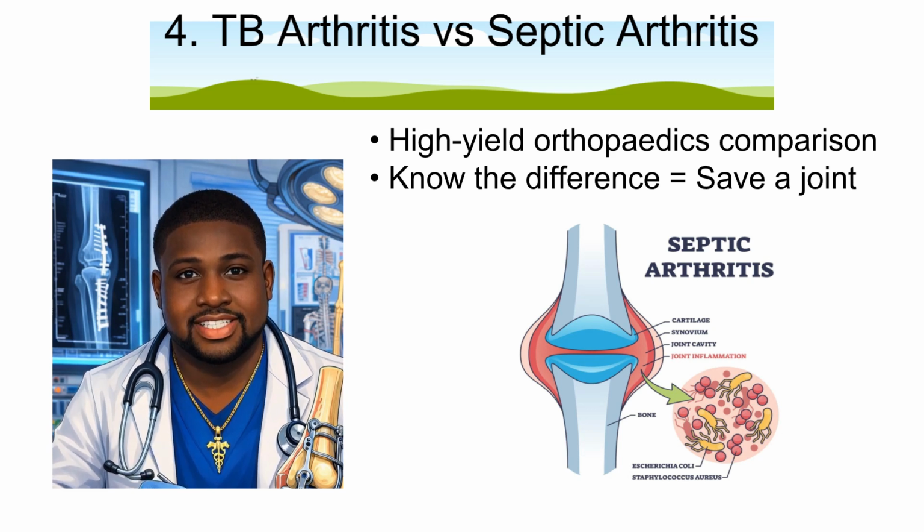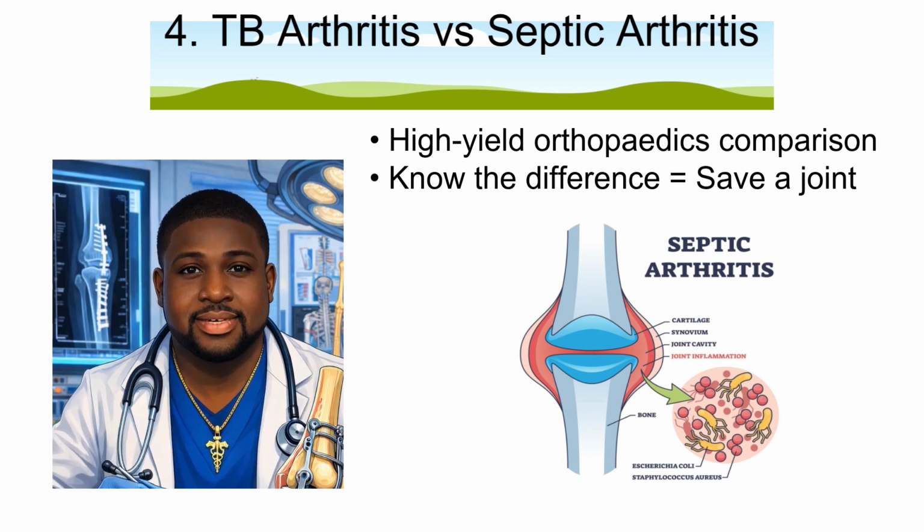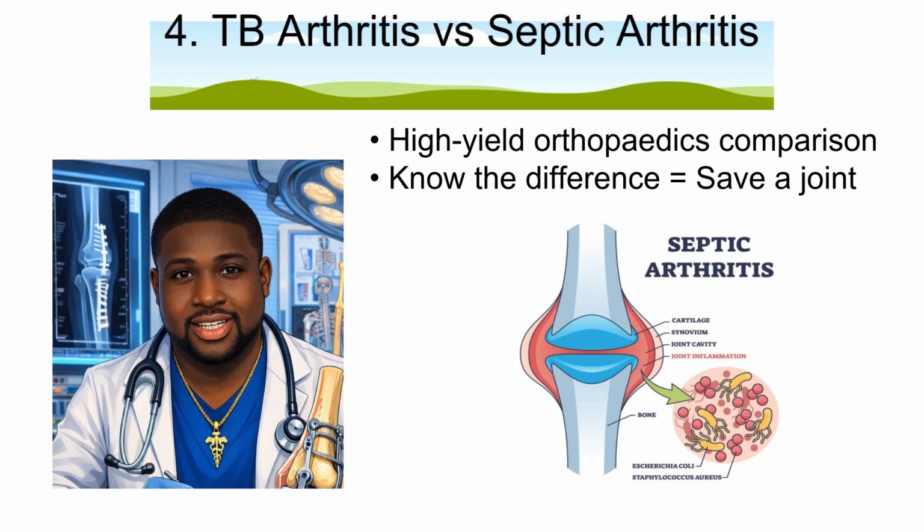With TB arthritis, one would note an elevated ESR as well as predominance of lymphocytes. Acid-fast bacilli may also possibly be cultured in the specimens. Conversely, septic arthritis labs would show neutrophilia and markedly elevated ESR and CRP. The offending organism may also appear on the cultured specimens, i.e., a positive culture.